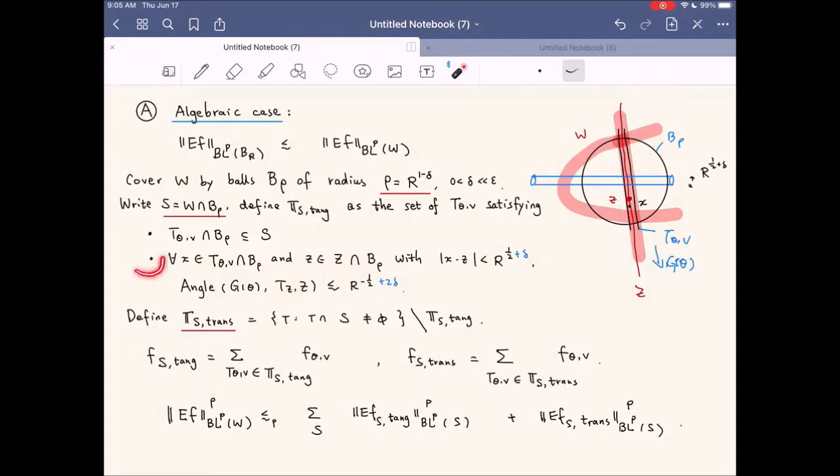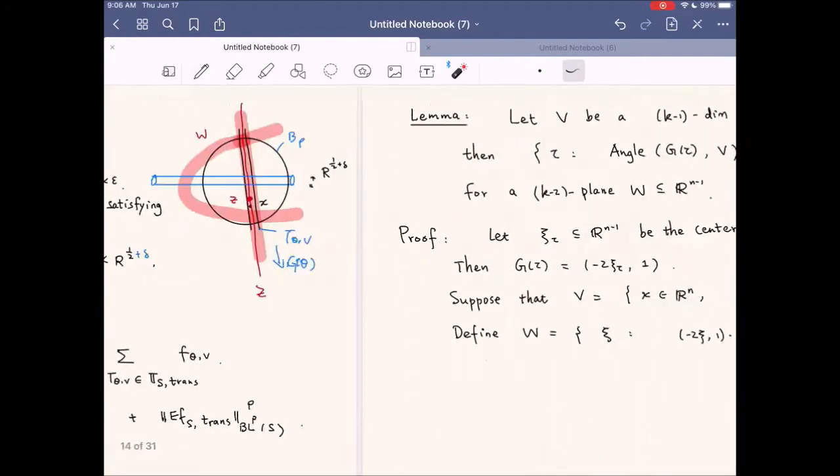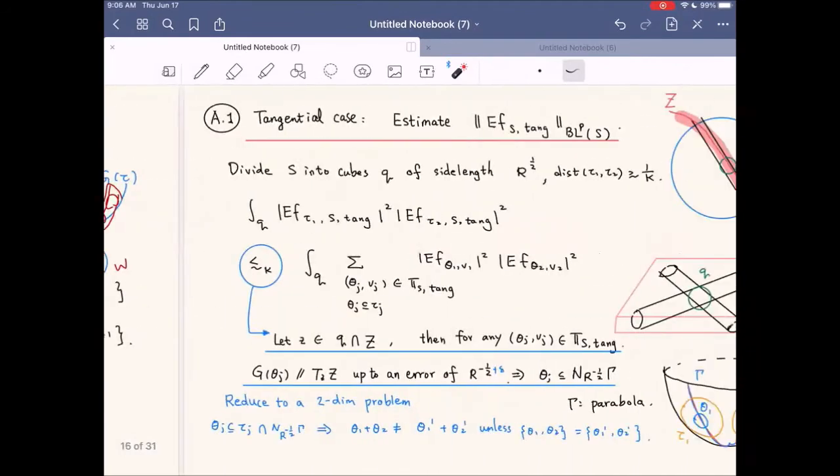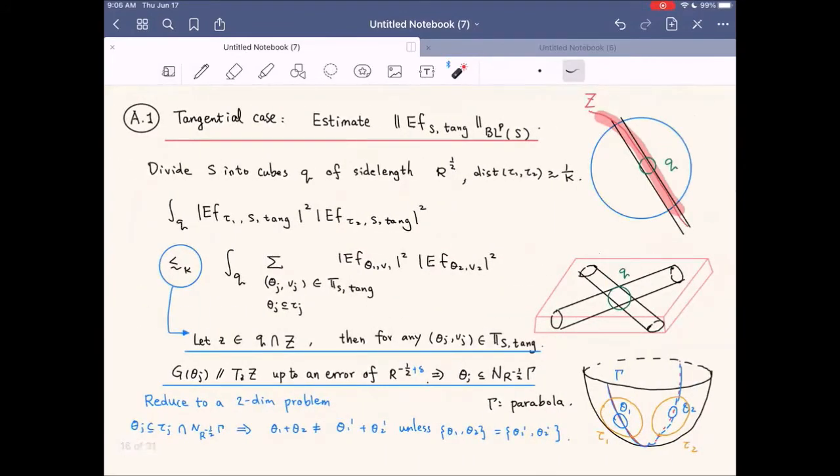And we have seen in the second lecture that this angle condition was used to show that if a tube is not tangential, then it is transversal and it does not intersect the algebraic variety too many times. Okay, now let's focus on the tangential case.